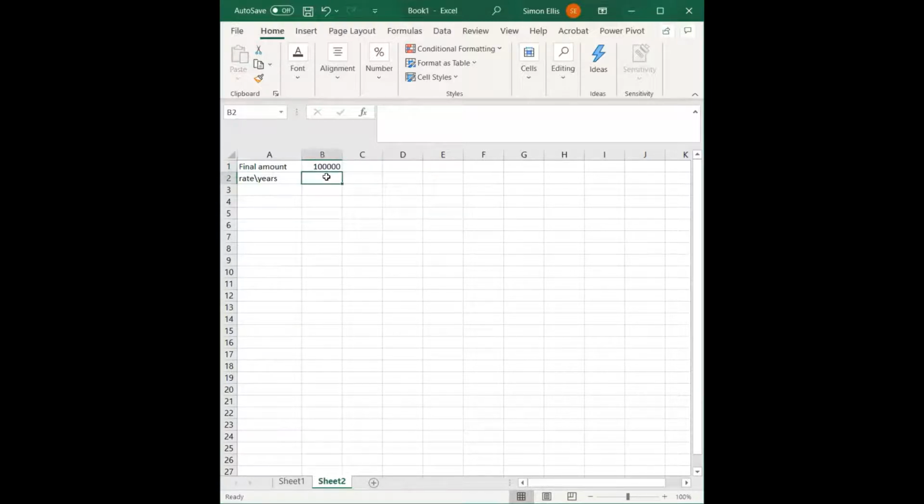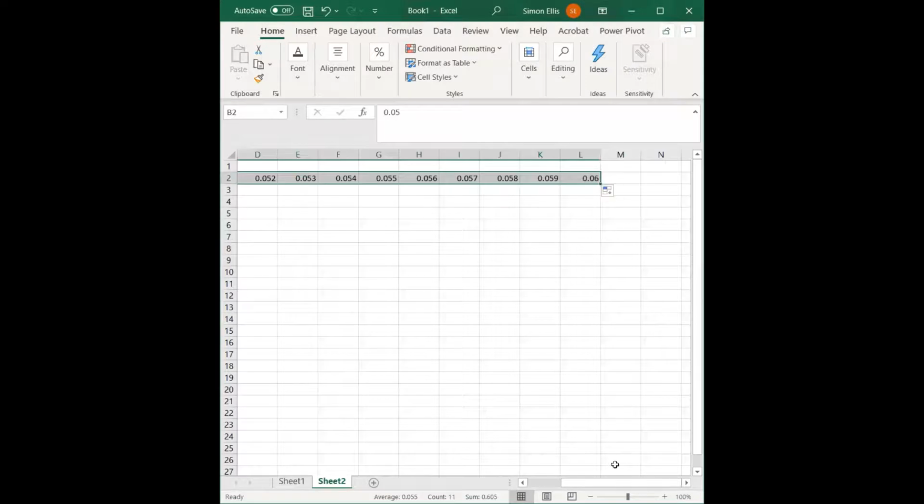What we're going to do, because our rate starts at 5%, is go 0.05, 0.055, and then we'll grab these and fill until we get to 6%.